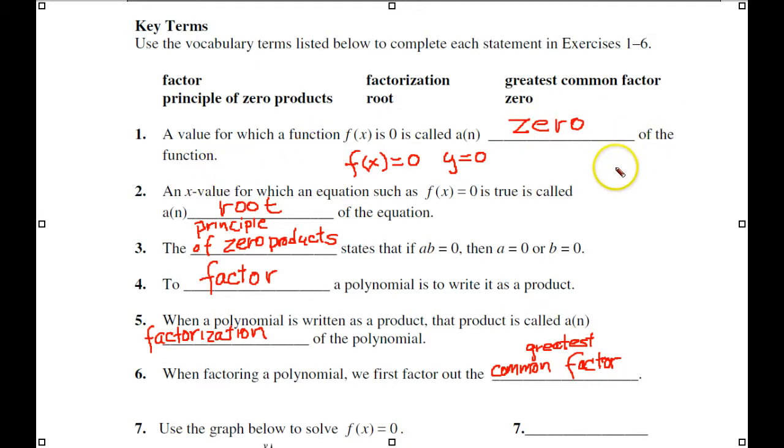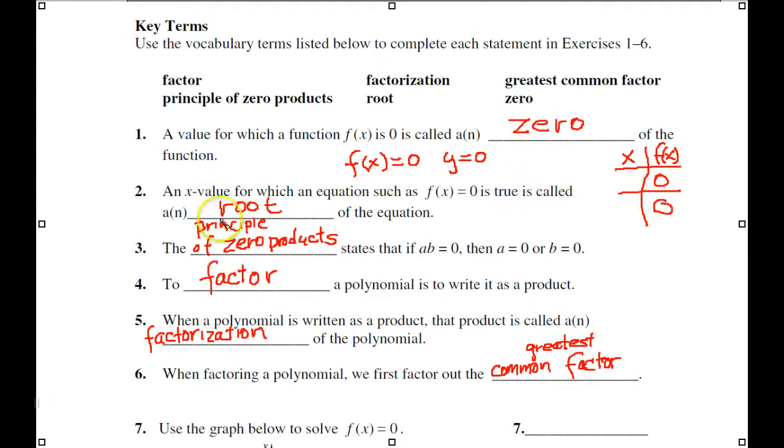Now, if you were to make a t-chart with this, and your f of x is here, remember that's y, this value would be a 0. And in many cases, there's more than one 0. So this is sometimes referred to as finding the zeros. And that's what it refers to.